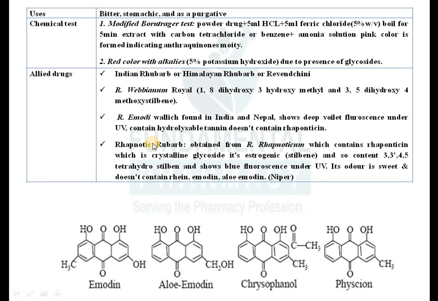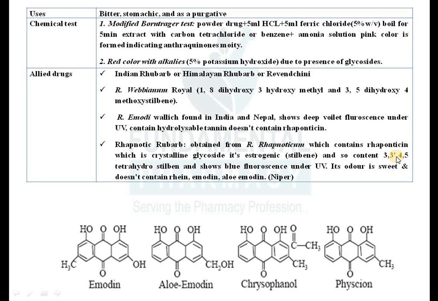What is rhapontic rhubarb? It is obtained from Rheum rhaponticum, which consists of rhaponticin. So it is a crystalline glycoside. It is estrogenic. Estrogenic means what? It will behave like an estrogen, or it will combine with the estrogen receptor and will increase the activity of estrogen.